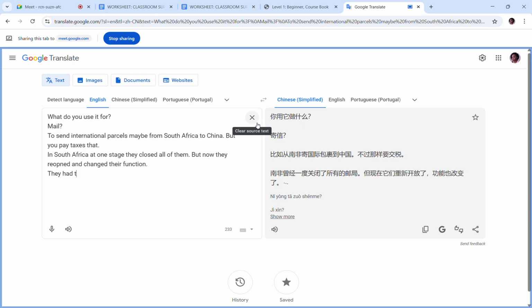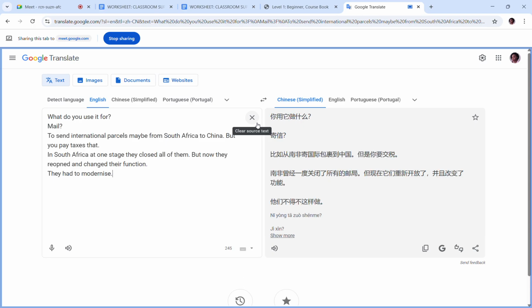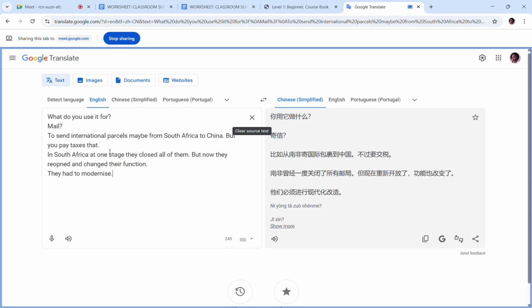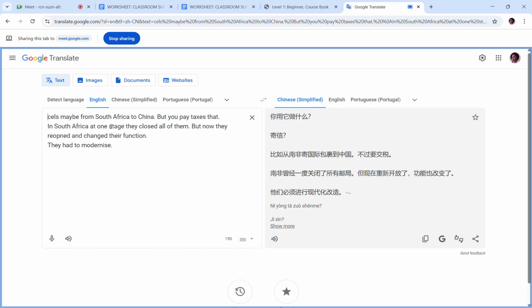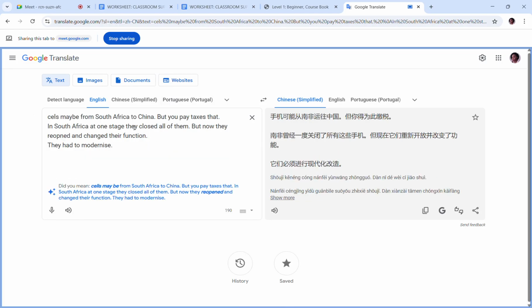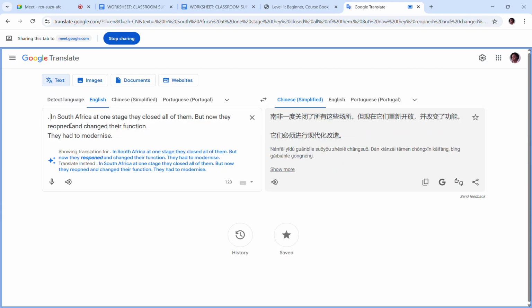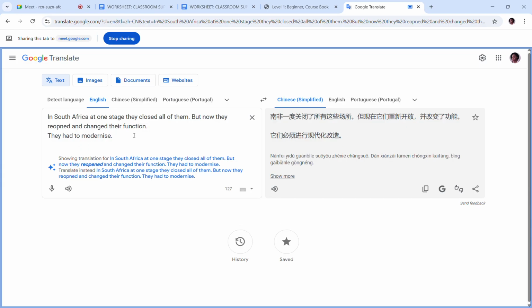They had to modernize, yeah, basically, because the young people, millennials, don't use it.